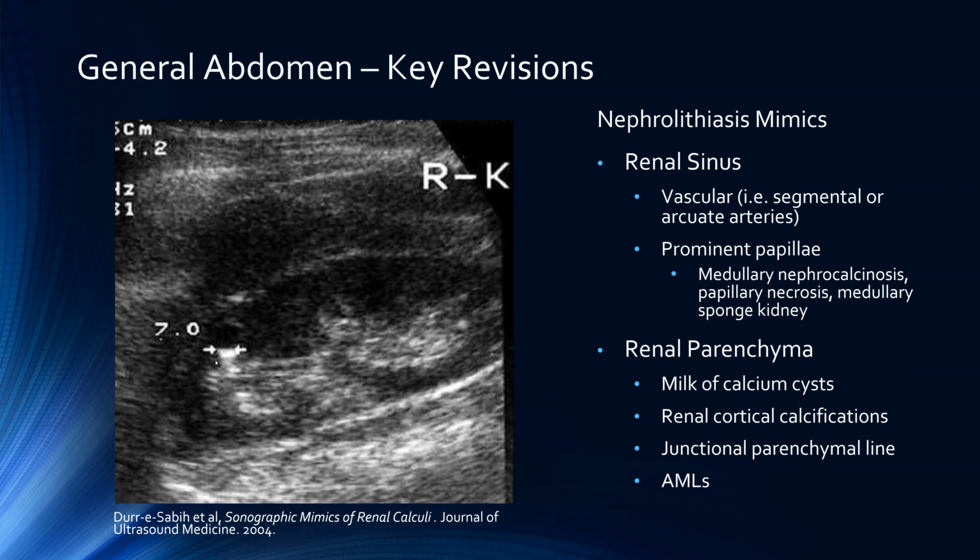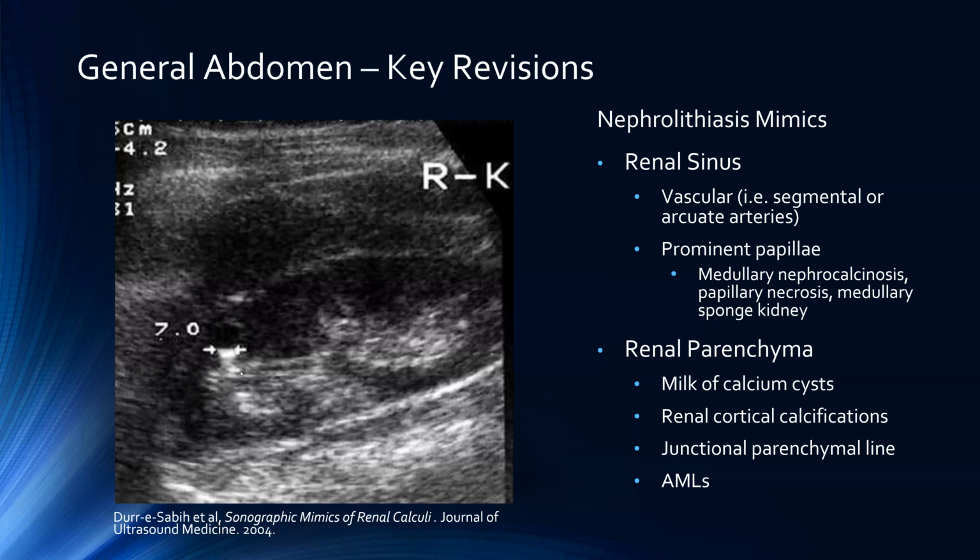Often these are going to be seen as a layering echogenic focus within a larger cyst, with a bit of an appearance of a straight line, giving a fluid level and some associated reverberation artifact rather than posterior shadowing.